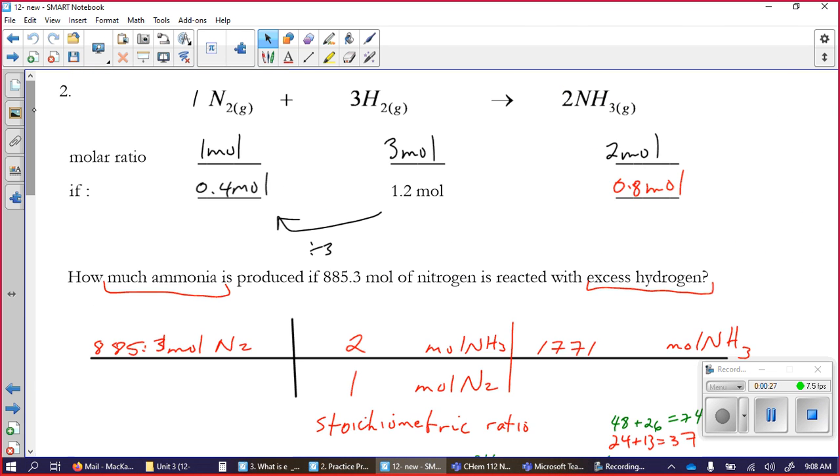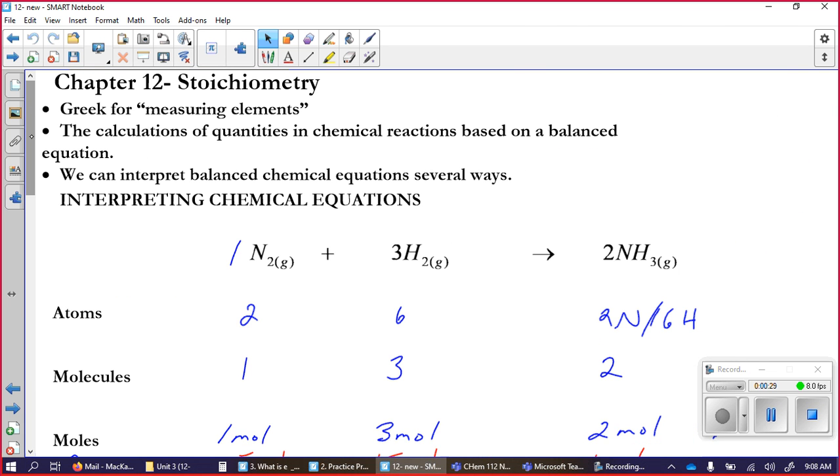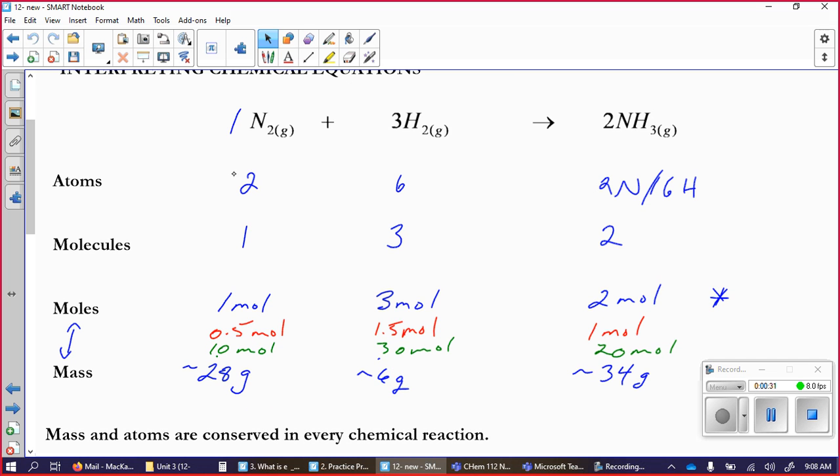So on Friday, we started talking about mole ratio, which is the ratio of moles in an equation. We can do this in varying different ways: atoms, molecules. We in chemistry think about a reaction in terms of moles, but we don't always necessarily have one. Sometimes we have half.